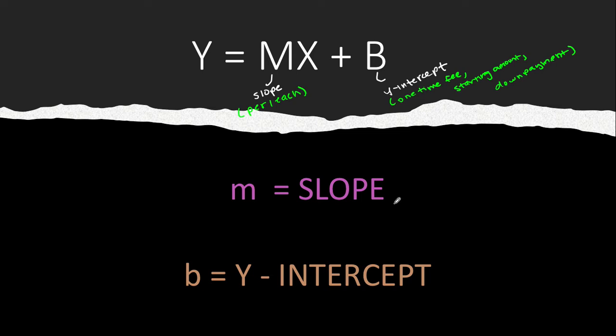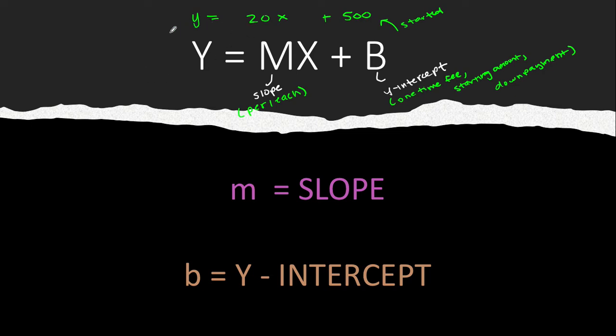So like if I started the summer with $500 and made $20 each week, my equation would be y equals 20x plus 500, right? Because this is how much I started with.